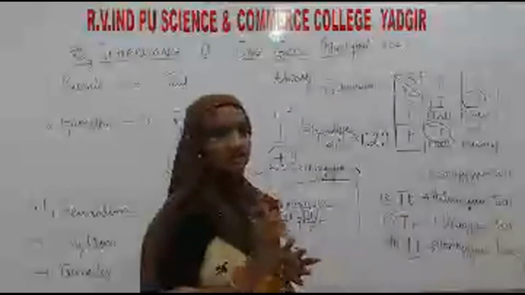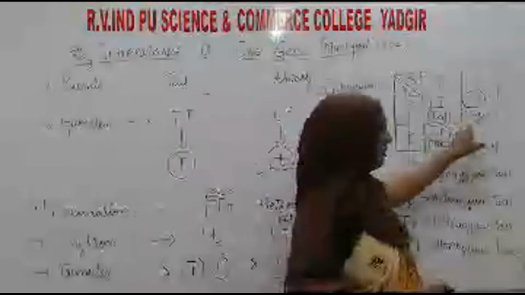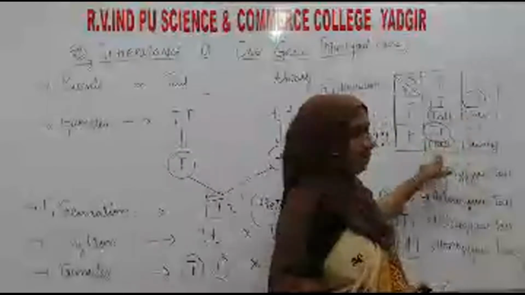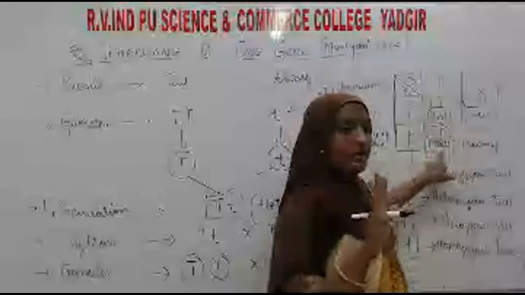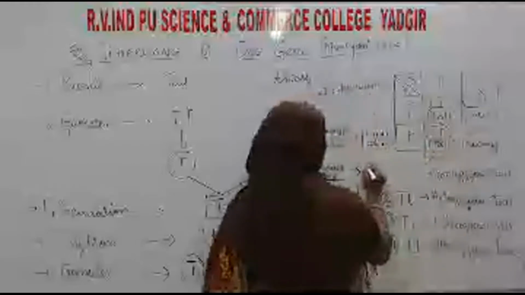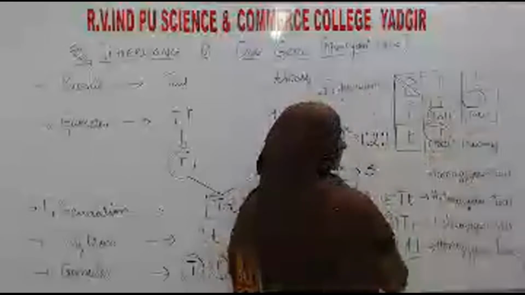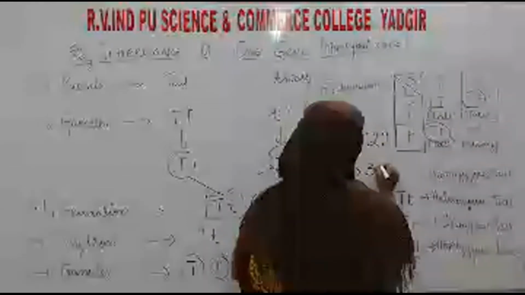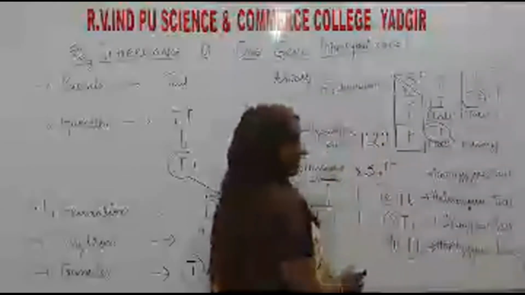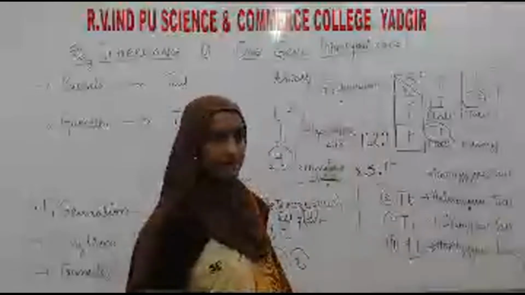Phenotype means you have to see only the external characters. Here you see tall, tall, tall: tall 1, tall 2, tall 3. 3 tall plants are there, and 1 dwarf is there. That is the 3 is to 1.